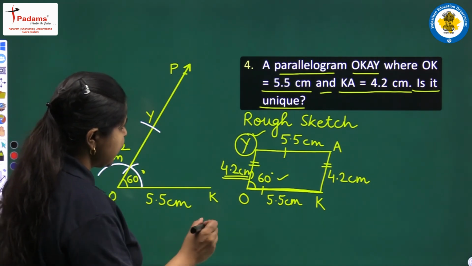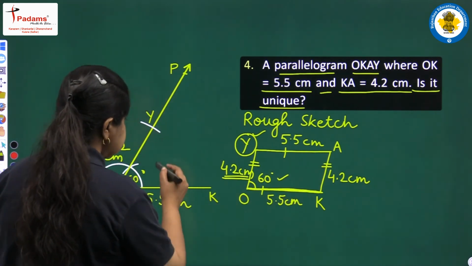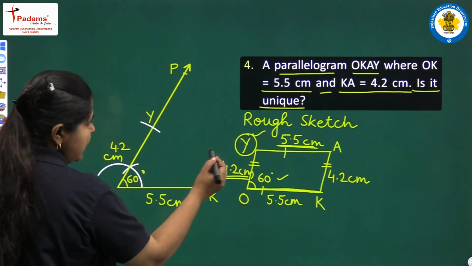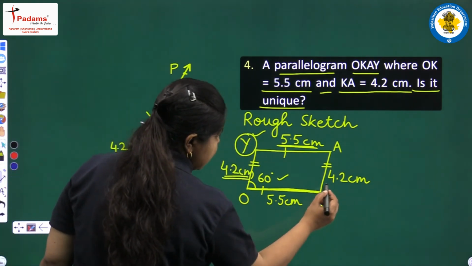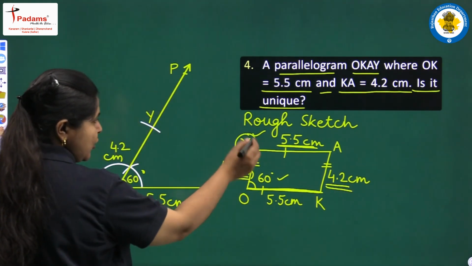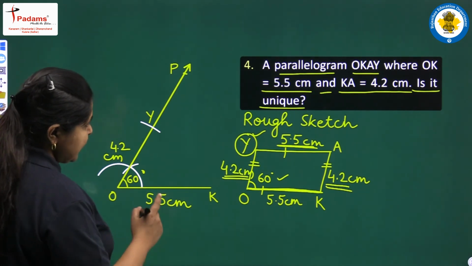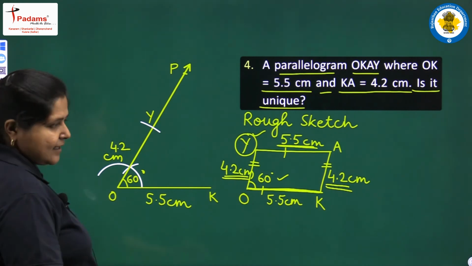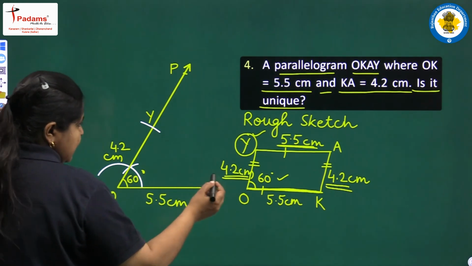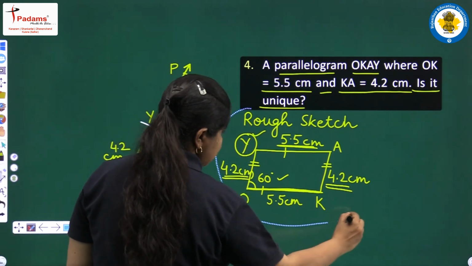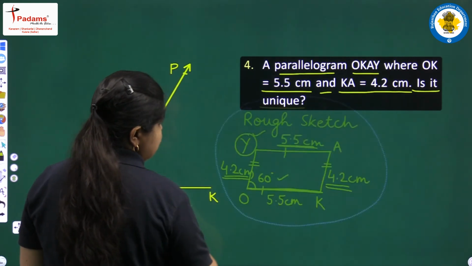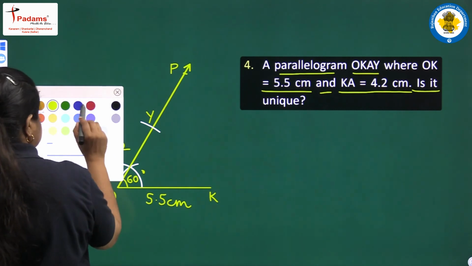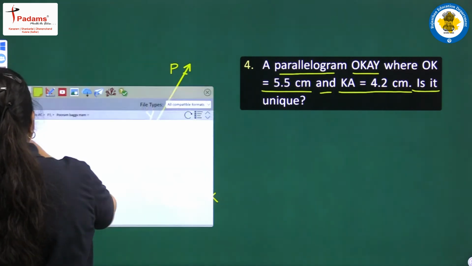Next, how we will locate this point A? With center Y and radius 5.5 centimeter, we will draw one arc, and with center K and radius 4.2, we will draw another arc. But this time I suppose that it will intersect with this rough sketch. So I am rubbing this rough sketch so that we get the figure neatly. Let us take the compass.